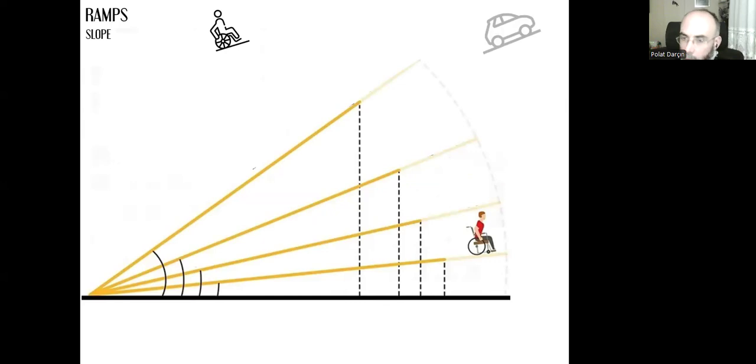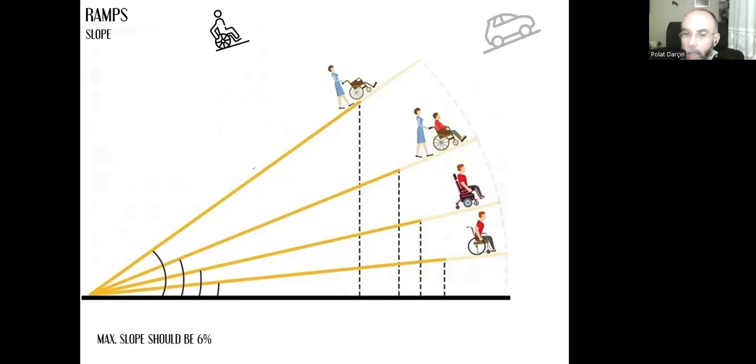But if you increase the slope, then it will be very hard for them to push the wheels, because it will get heavier. So an electrical device can be used for the slope. If the slope is increased, then someone else needs to push. But there is a limit for that because of the weight of the person.